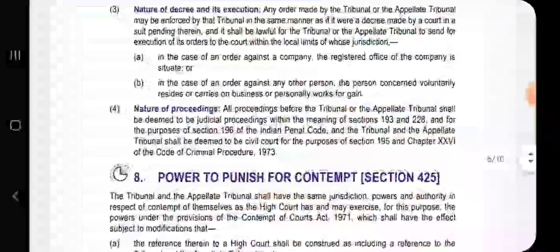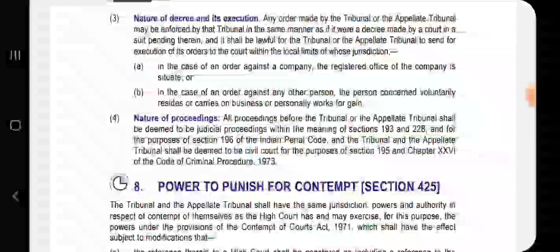And then nature of decree and its execution. Any order made by the tribunal or the appellate tribunal may be enforced by the tribunal in the same manner as if it is a decree made by a court in a suit pending therein. And it shall be lawful for the tribunal or appellate tribunal to send for execution of its orders. It is saying that the order of a tribunal or an appellate tribunal can be enforced as a decree made by a court.